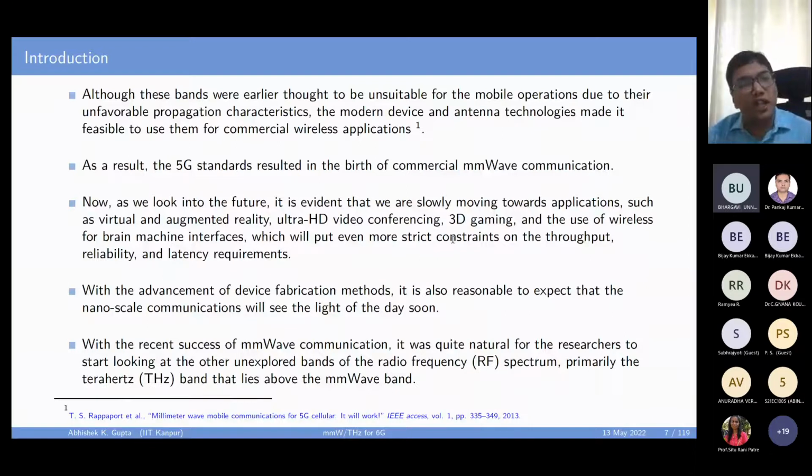For this application, nanoscale communication was envisioned, and because these devices are very small, you also require very small antennas which can communicate with each other. So you require a frequency with a very small wavelength, and that's how terahertz was also looked at as a promising candidate as we move to the future.